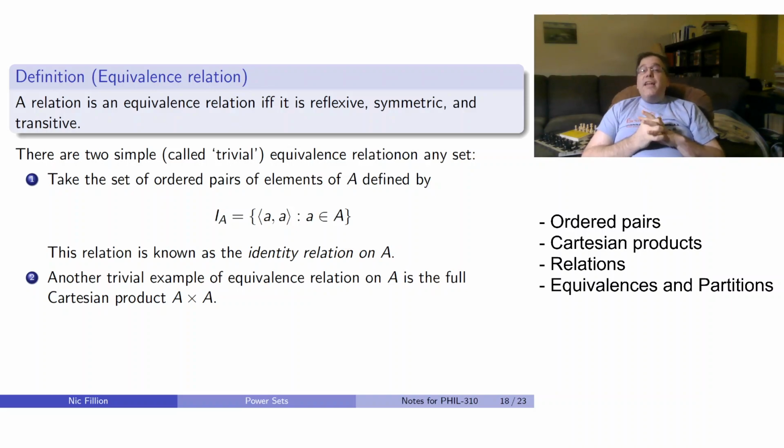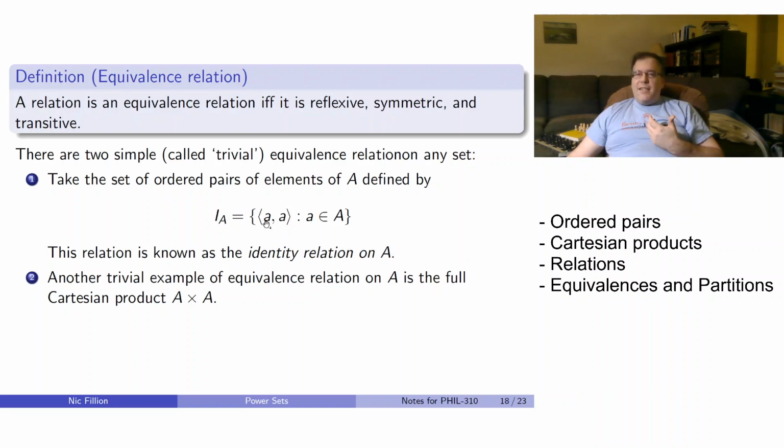Now, on any particular set A, there are going to be two equivalence relations that are called trivial. Why? Because they are so very simple. The first is the set that contains all the ordered pairs such that the first and the second member are exactly the same. Because of that, that relation is often called the identity relation on A, right?